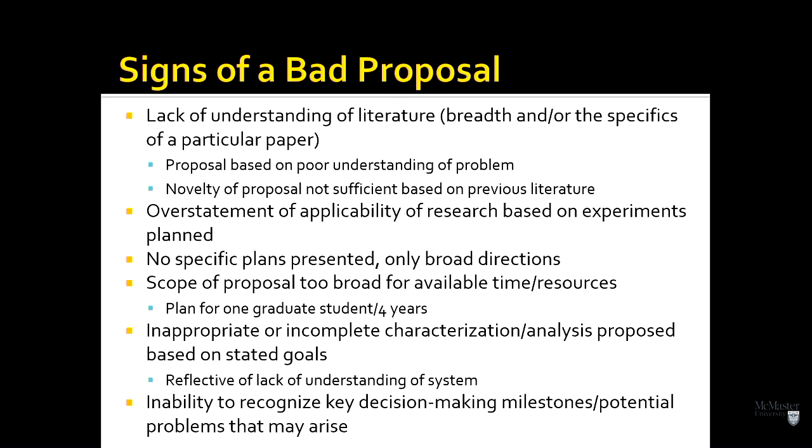So make sure you give us some details. Be reasonable on scope. Make sure that you give us a reasonable characterization or validation sequence so we can actually confirm whether your idea is good or bad. And make sure that in your milestones, you're reasonable, right? The sequence is reasonable, the time frames are reasonable. This is actually feasible. So these are some of the ways that I think sometimes proposals aren't so good.